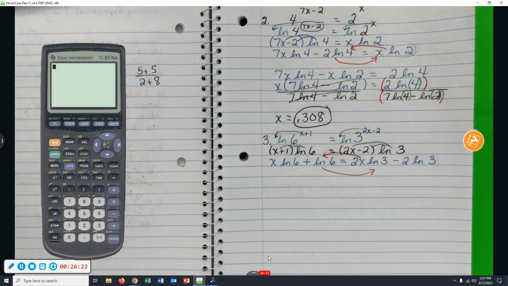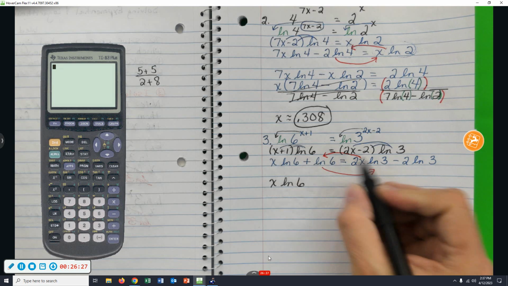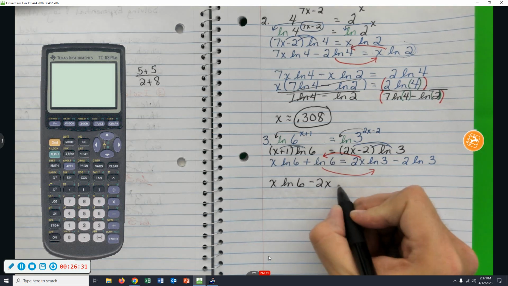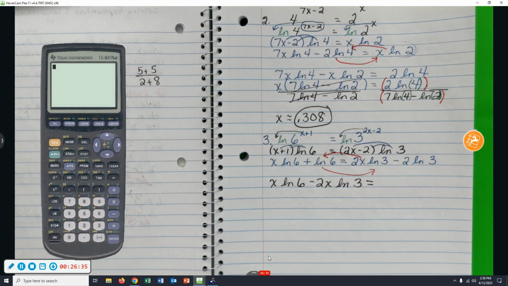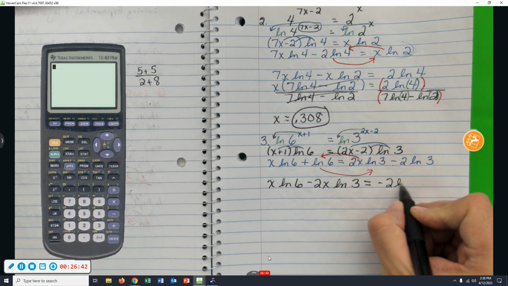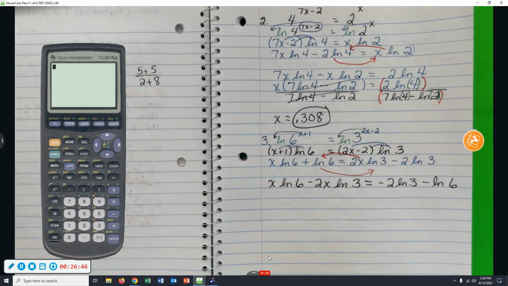So we're going to have x ln 6, and then a minus 2x ln 3. And if I move that over, it's going to be a negative 2 ln 3 minus ln 6.